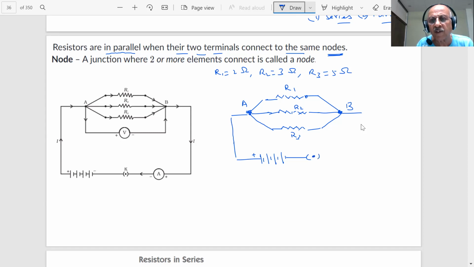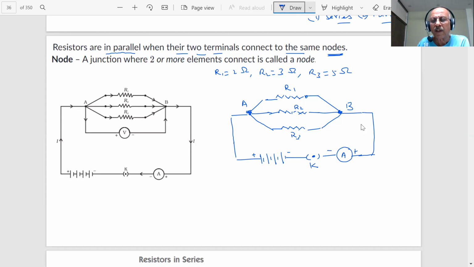This is my key, student. This is plus, this is minus, and an ammeter to measure the current. This should be negative. Positive, student, ammeter. And what happens then? This is the circuit. Can you see the circuit?